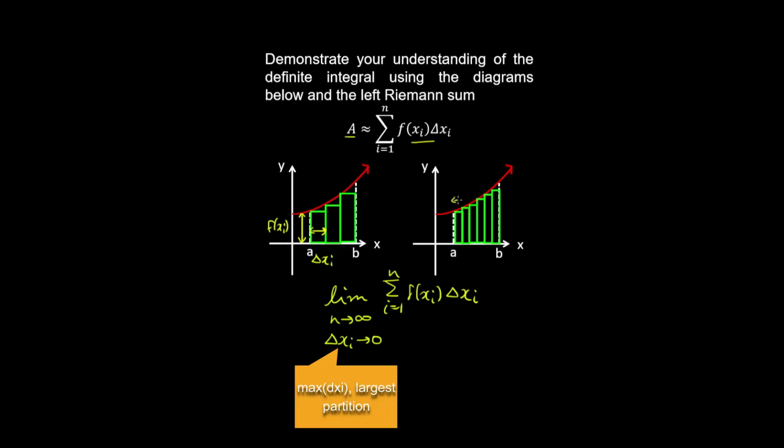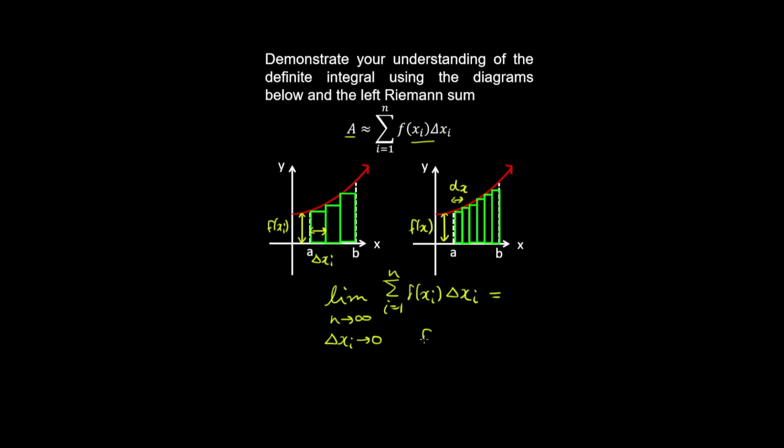So we end up with rectangles of infinitesimal width dx, and the height is simply going to be f of x. And therefore we can write this sum as the integral of f of x with respect to x, which gives the area of that infinitesimal rectangle, and we're integrating from a to b.